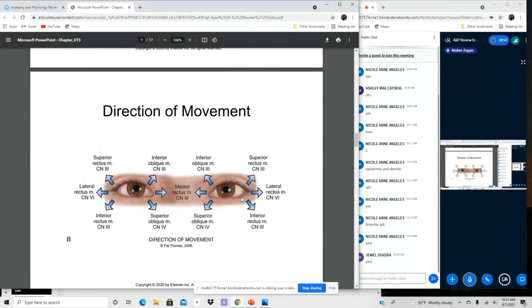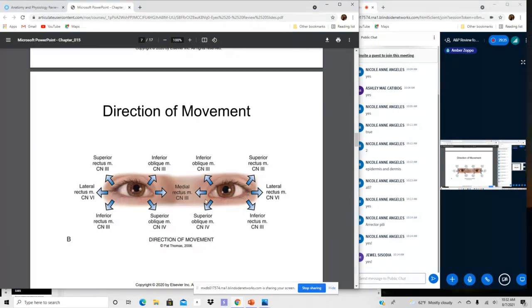So when, for example, the medial rectus muscle moves, it's moving the eye inwards, and it's innervated by cranial nerve 3. When the inferior oblique muscle moves, it's moving the eye upward and kind of inward here, as you can see. So the arrows are indicating the movement of the eye with these muscles, and it's showing which cranial nerve innervates these muscles.